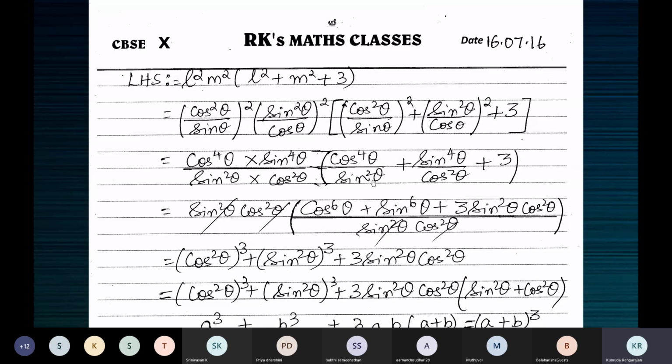This is just the way you take the LCM, children, the same way as with numbers or variables. 3 sin square theta cos square theta. Now the denominator sin square theta cos square theta and this one get cancelled.